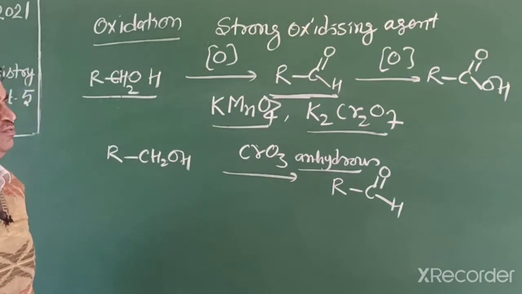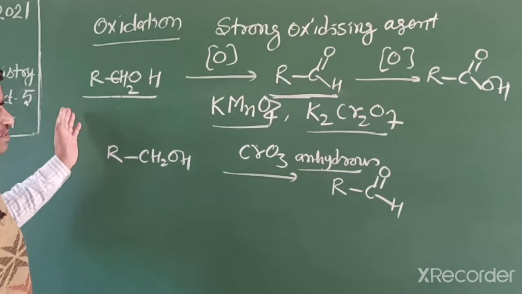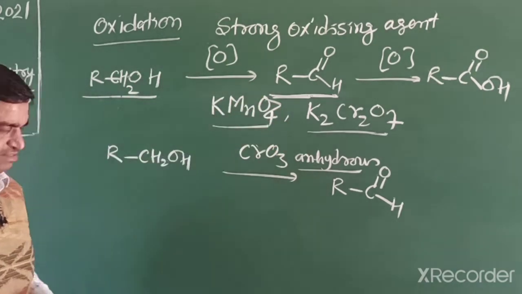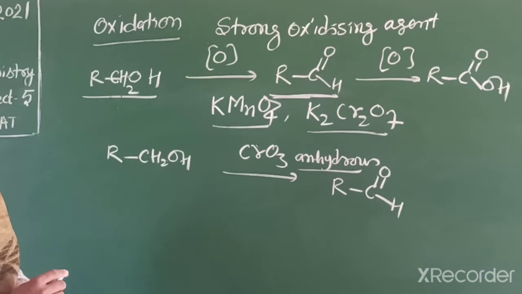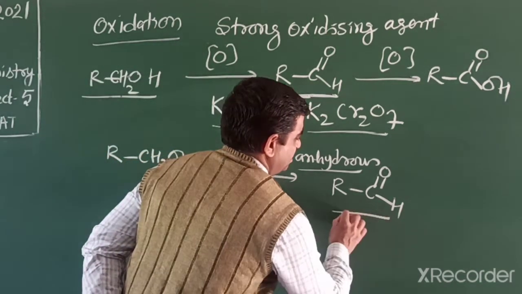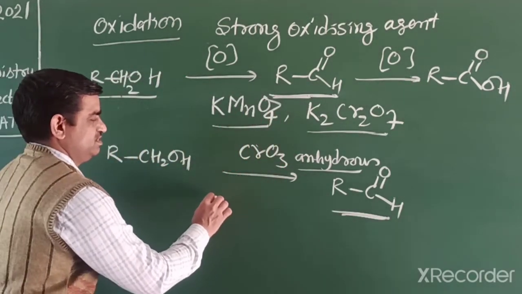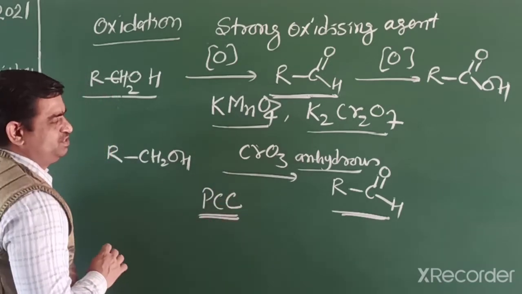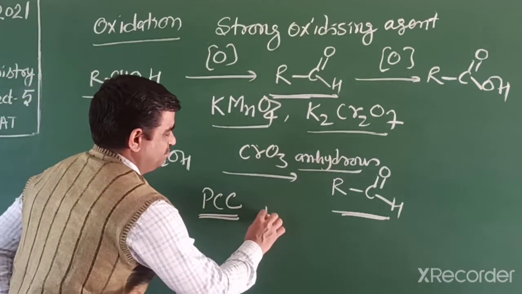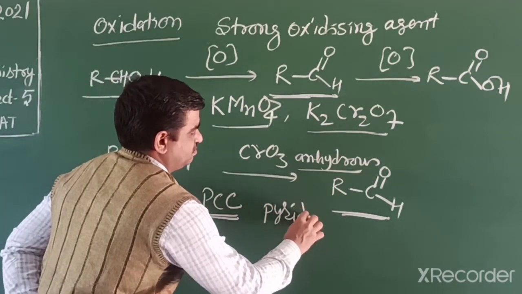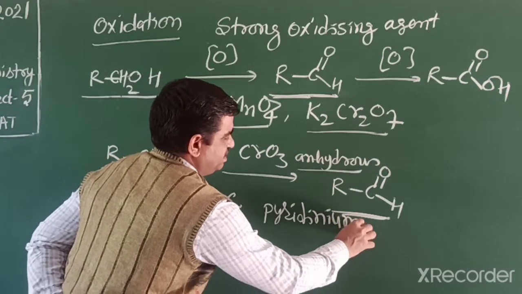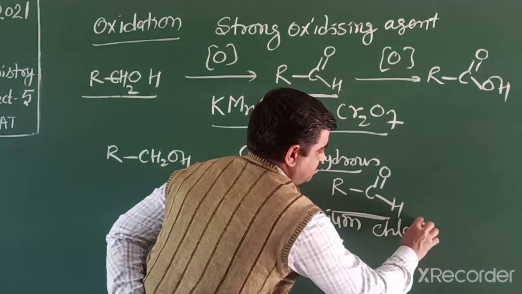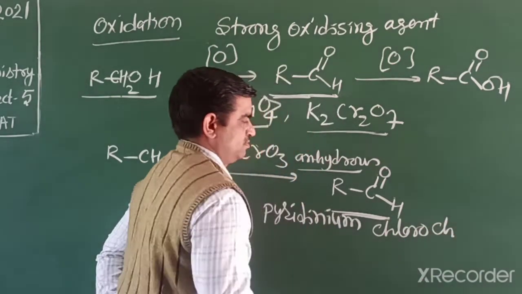But if you want the carboxylic acid, we have to take a strong oxidizing agent. A better reagent for formation of aldehyde is known as PCC. What is PCC? PCC full name is pyridinium chlorochromate.